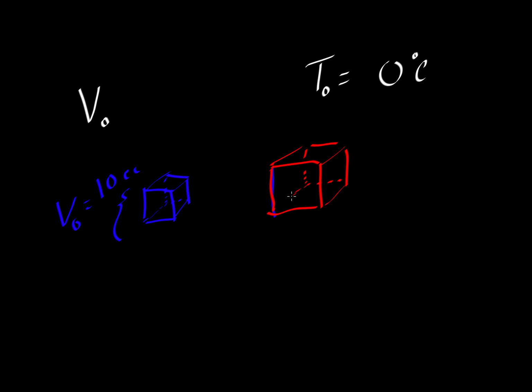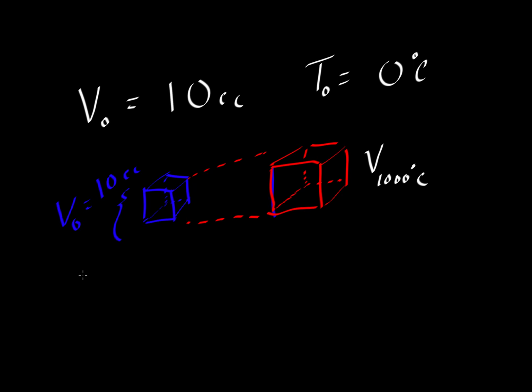Now, it might be the case, and sometimes it is, that you want to calculate what that degree of expansion is. How do we get from the blue to the white, right? So we go from an initial volume V naught to some final volume, and we'll just call it V. Let's take a particular temperature of 1,000 degrees centigrade. So V naught is going to be, just by definition, 10 cc's.